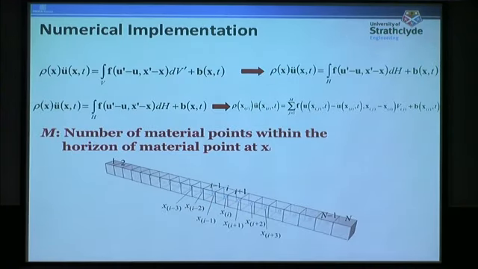To solve our peridynamic equation, normally it's difficult to use analytical techniques, so we need to use a numerical technique to obtain our solution. And most of the time we are using a meshfree approach to discretize our domain.